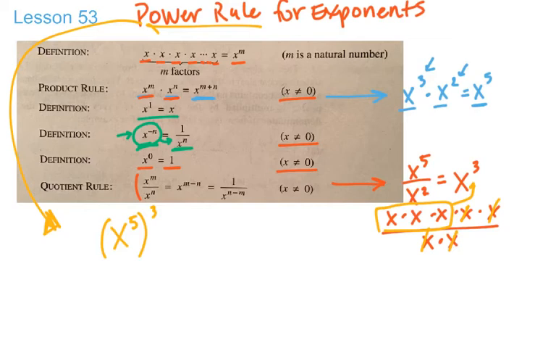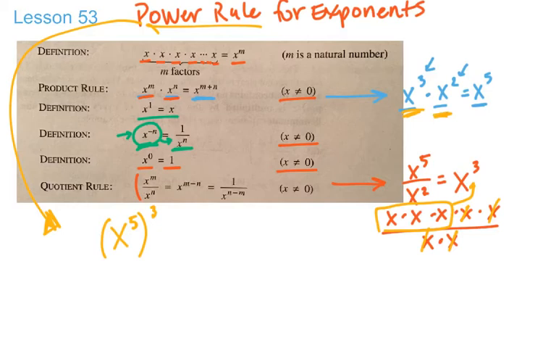So in this case, they're going to make a point to show you this isn't just saying we need to multiply the 5 and the 3. We only multiply those when we have the same bases and they each have an exponent.